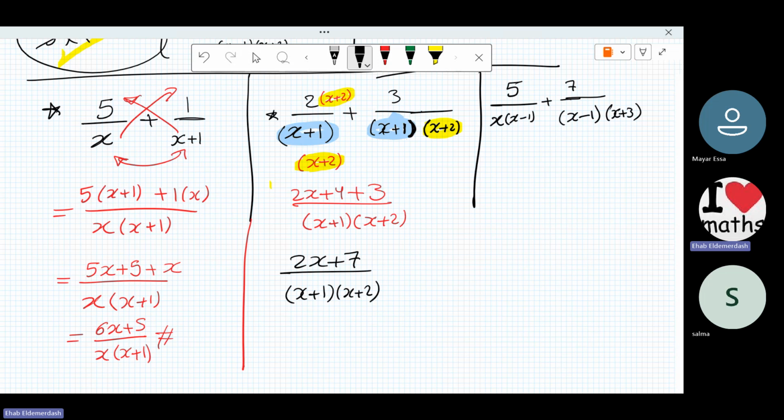Both of the denominator are the same. For numerator up it's 2 into x plus 2 وهناك كان في 3، 2 into x plus 2 اللي هم 2x plus 4 وبعدين زدت عليهم بالثلاثه طلعت هنا 2x plus 7. اتفقنا؟ Am I clear؟ طيب.